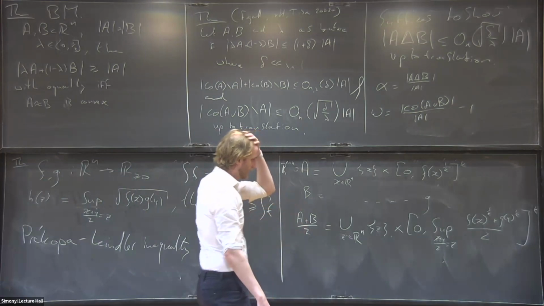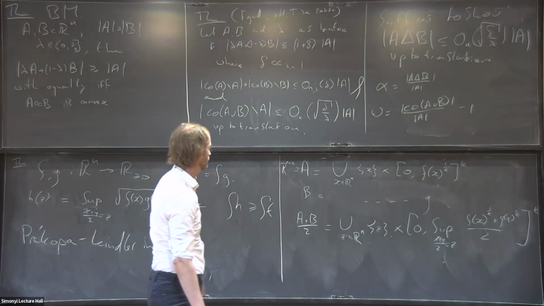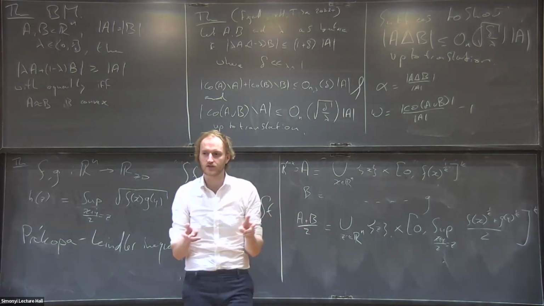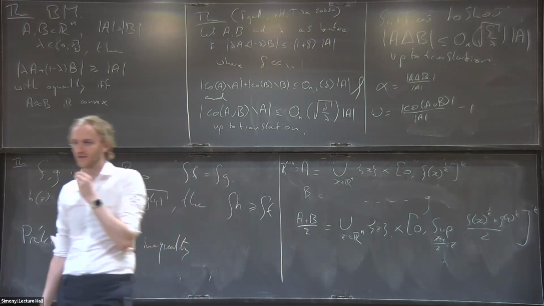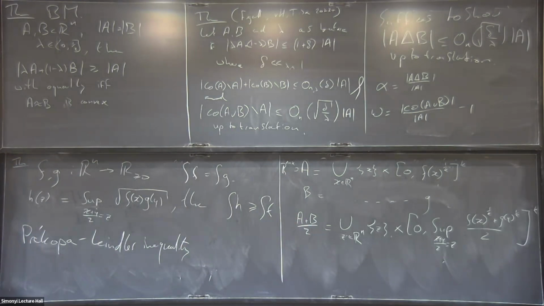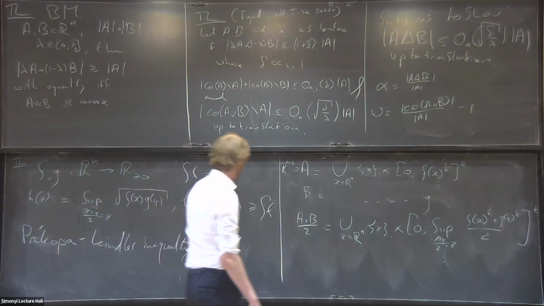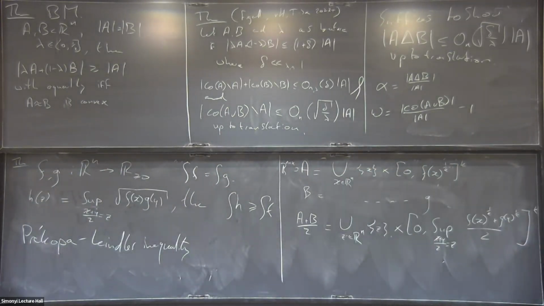Which means that these objects A and B better be convex in some sense. It's a bit hand wavy. Let's make it precise.